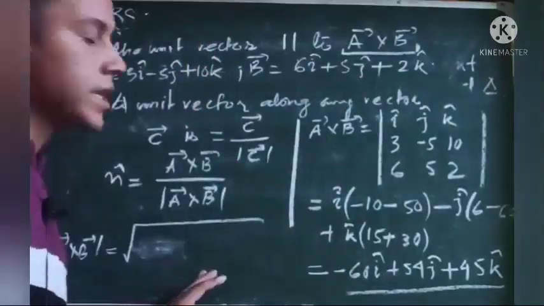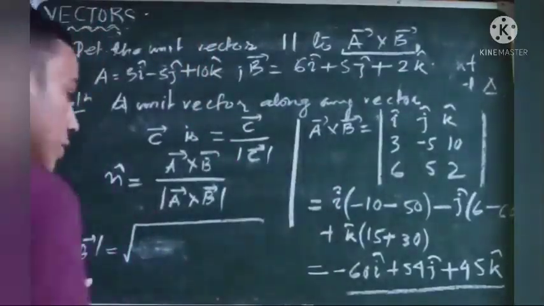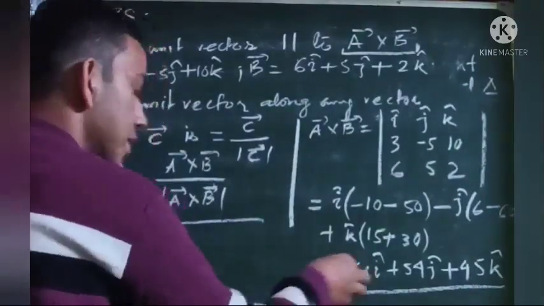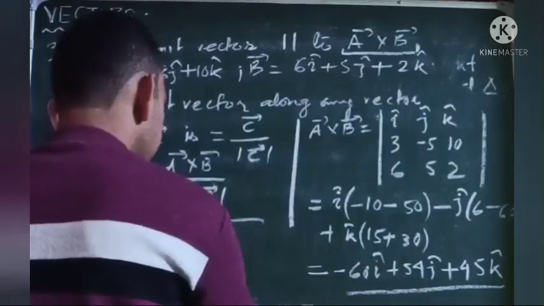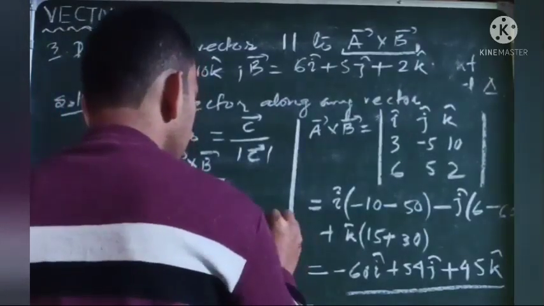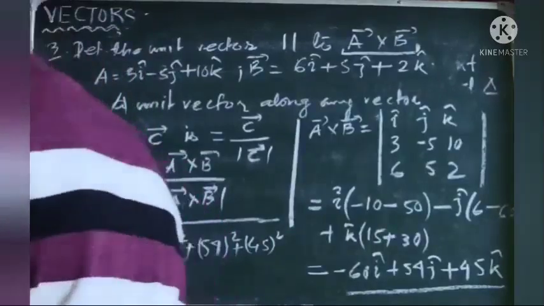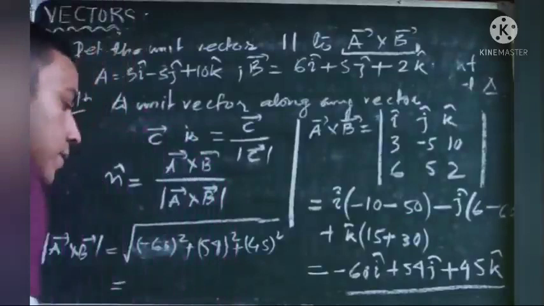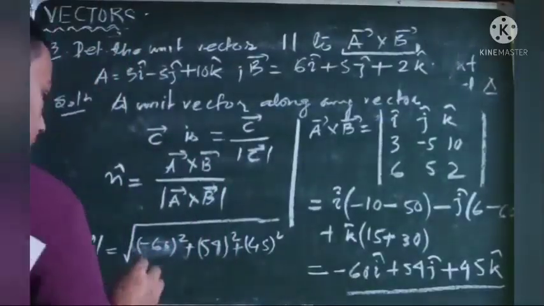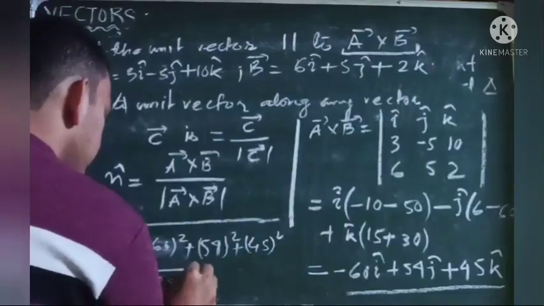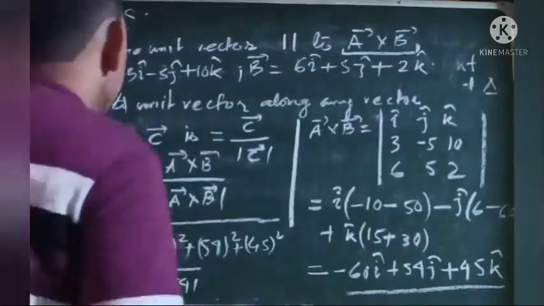Now we have to find the magnitude of A cross B. So we are getting minus 60 whole square plus 54 whole square plus 45 whole square. You can simplify this statement and the result will be square root of 8541.